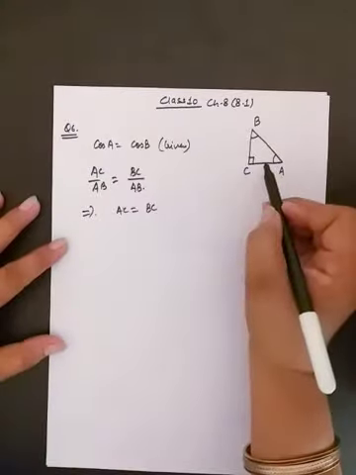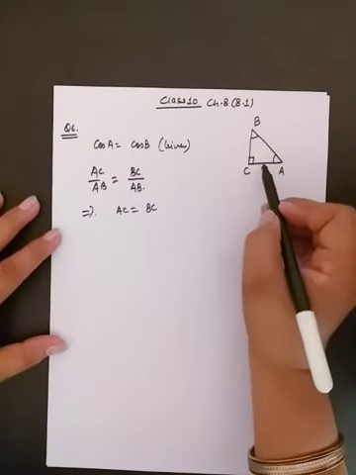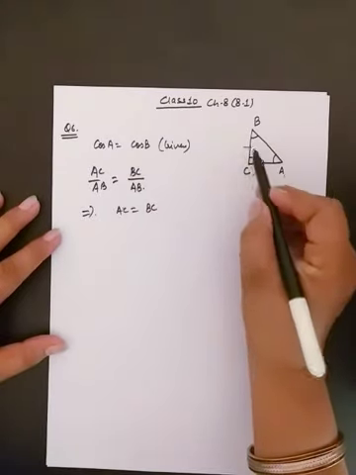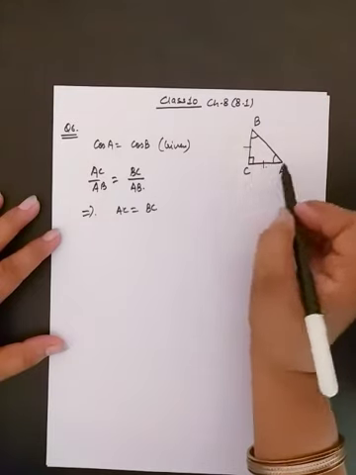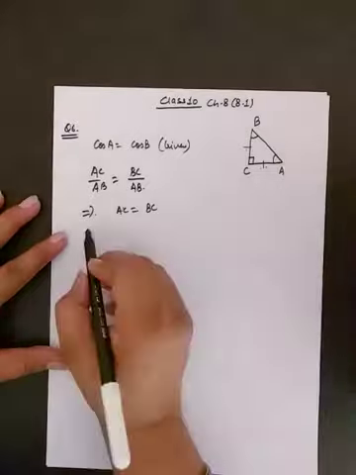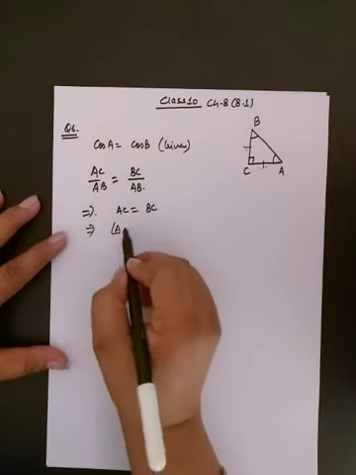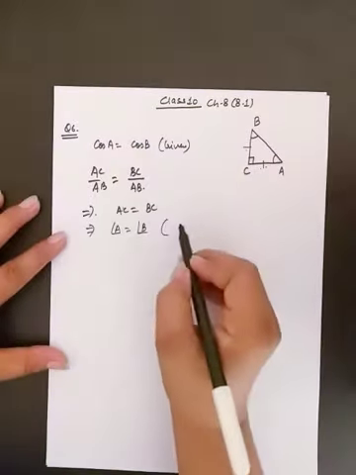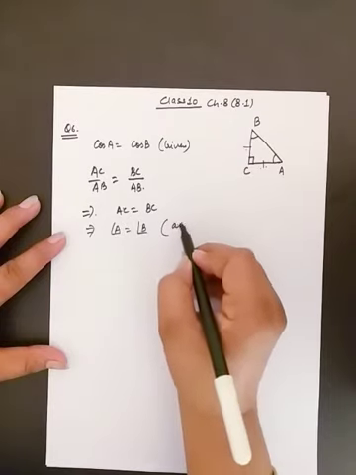So it means we have two sides of the given triangle equal, AC and BC. So it means triangle ABC is an isosceles triangle. Therefore its base angles will be equal, or we can say angle A is equal to angle B. Angle opposite to equal sides.